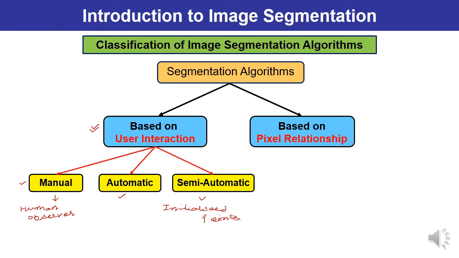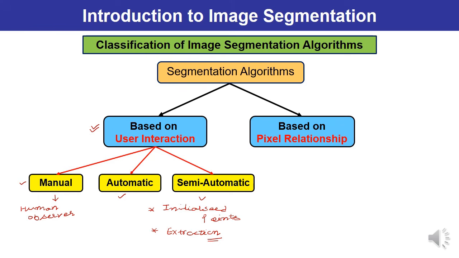These are provided by the human observer, which indicates the ROI, and then the extraction process is carried out automatically. So initial seed points are provided by the human observer, and extraction is done automatically. So this is how the semi-automatic manner works.